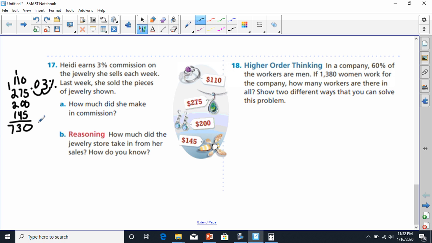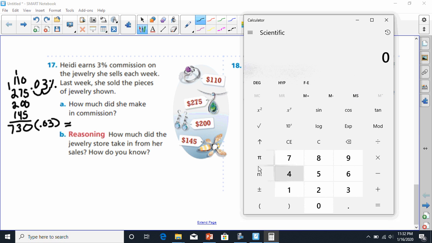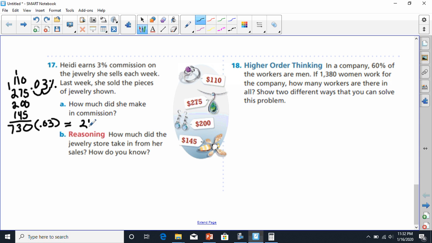So this is going to be 730 times 0.03, and that'll give us our commission. We use our trusty calculator here. 730 times 0.03, that's 21.9. So that means she made $21.90 in commission.